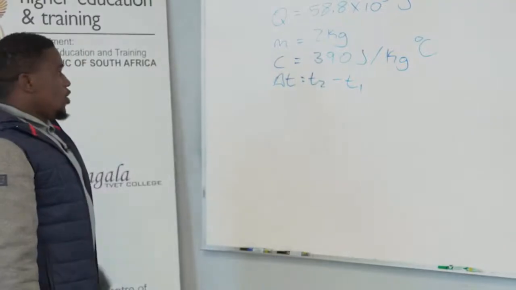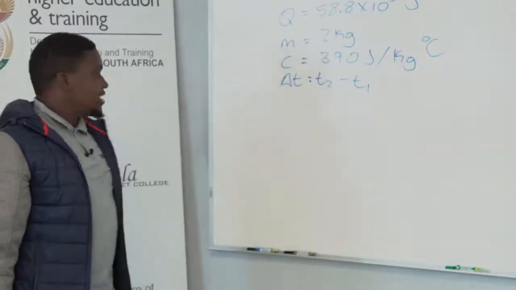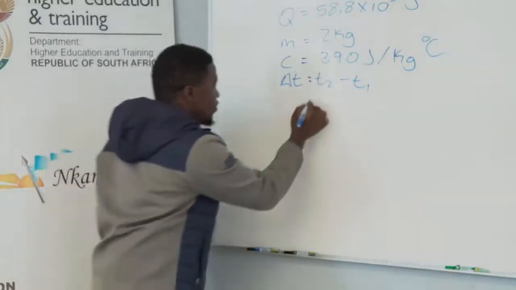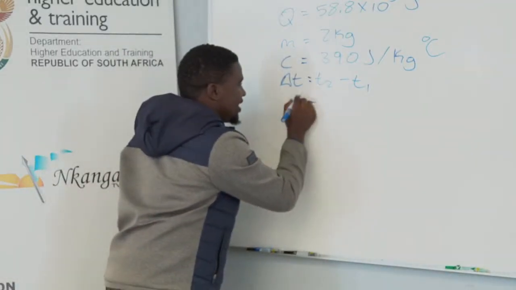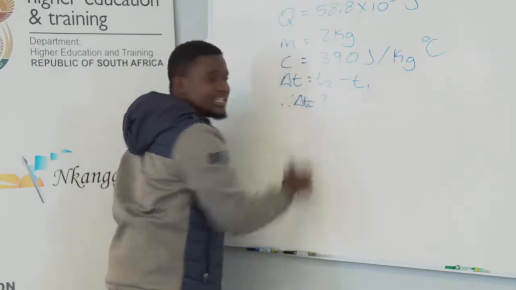Now, we don't know T2, we don't know T1. We are looking for the change in temperature. Therefore, the change in temperature is our unknown.